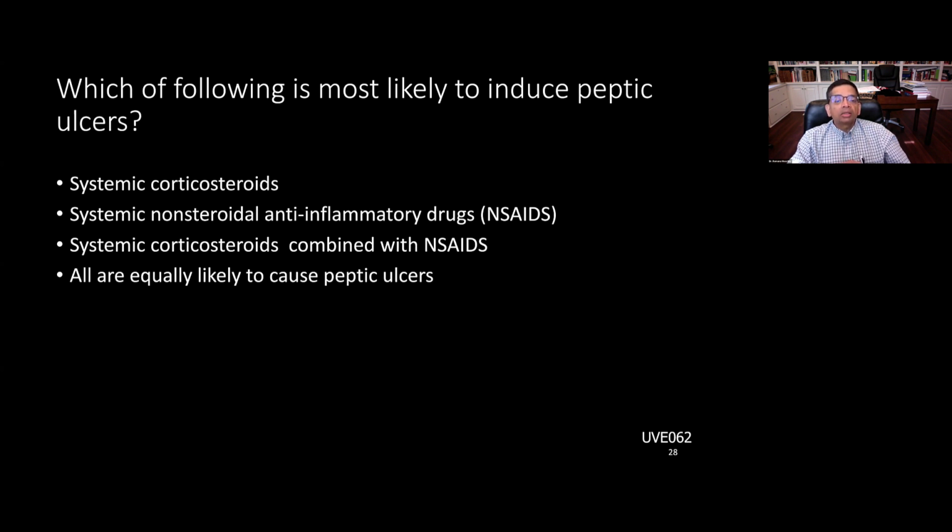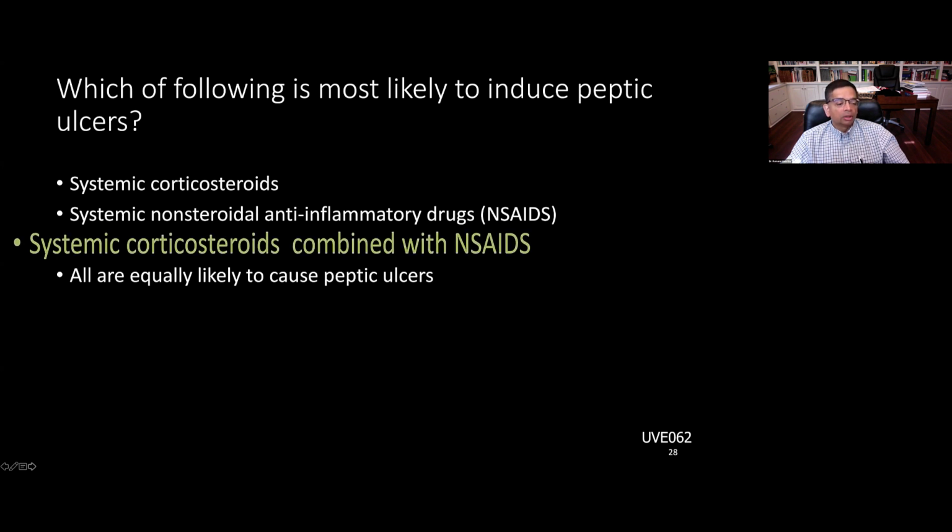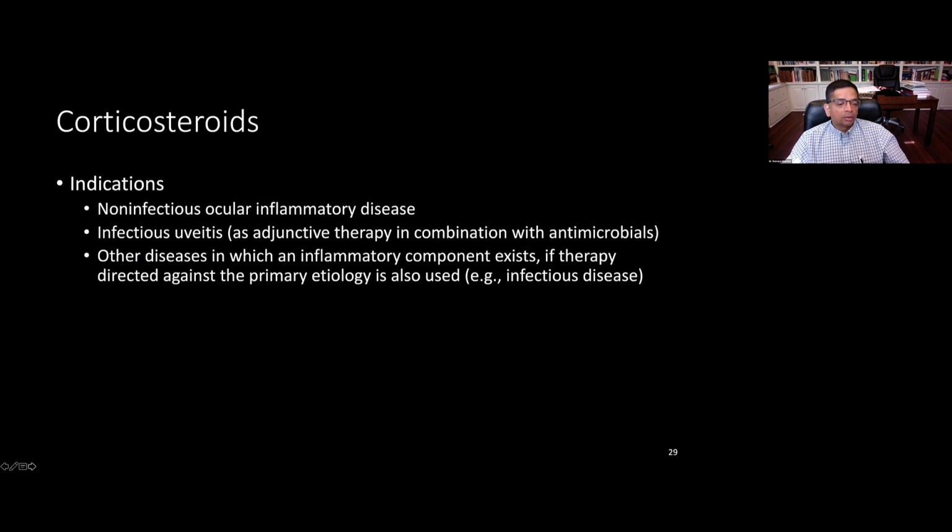Combined systemic corticosteroids and NSAIDs, that's when you're at greatest risk, probably 20-fold greater risk than either agent alone. So you have to be very careful and probably use H2 blockers or other agents, PPIs, when patients are using the combination of steroids and non-steroidals in particular.